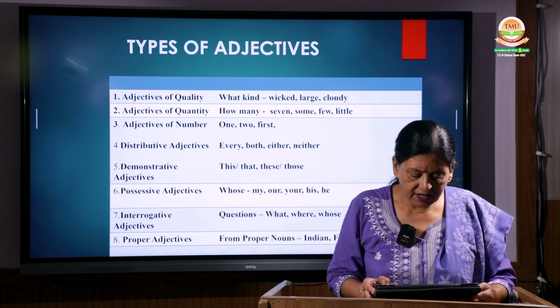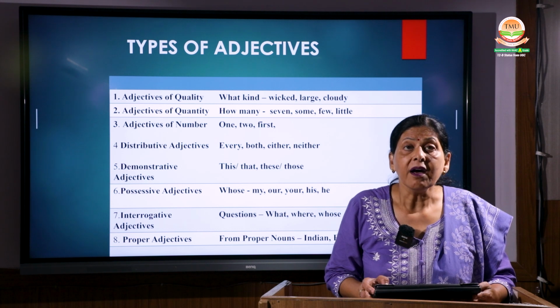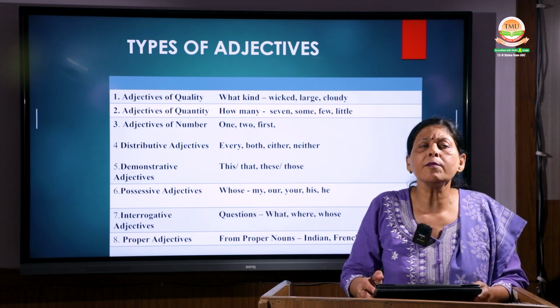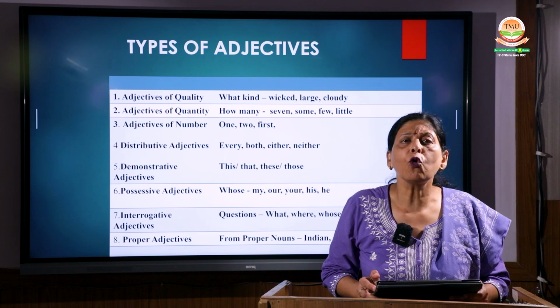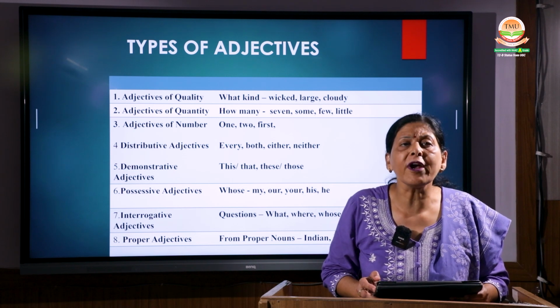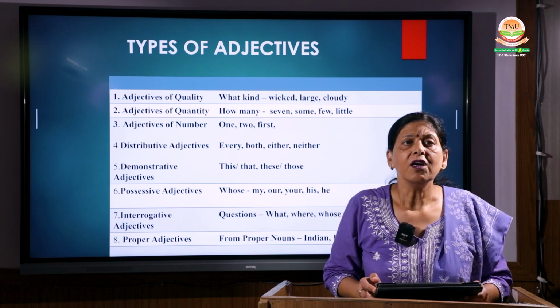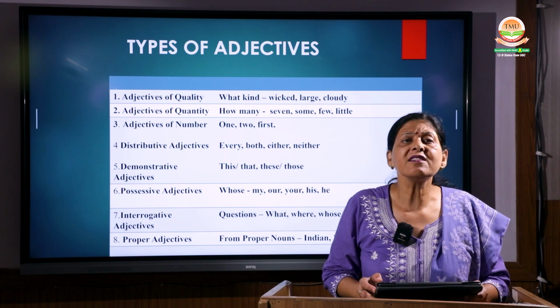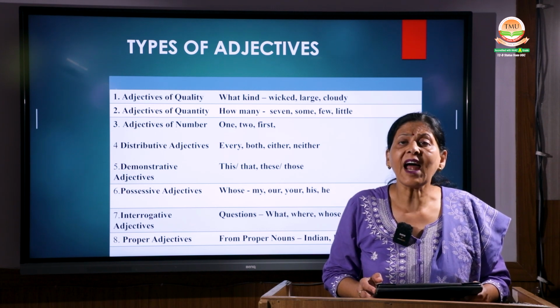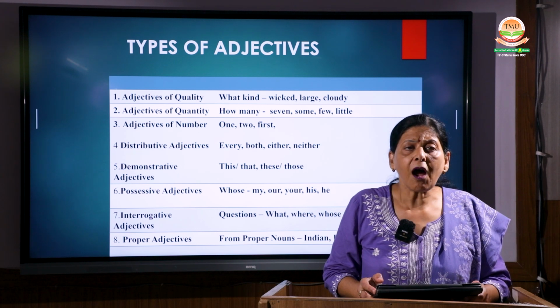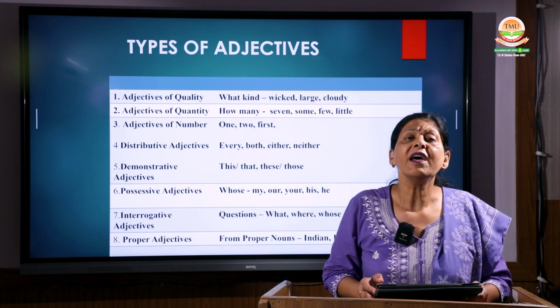Then the next are the demonstrative adjectives. As the name shows, demonstrative adjectives are the adjectives that show demonstration, that point out towards the noun, that is this, that, these, those. This book is mine, that book is his, these are my mangoes, those are his bottles.